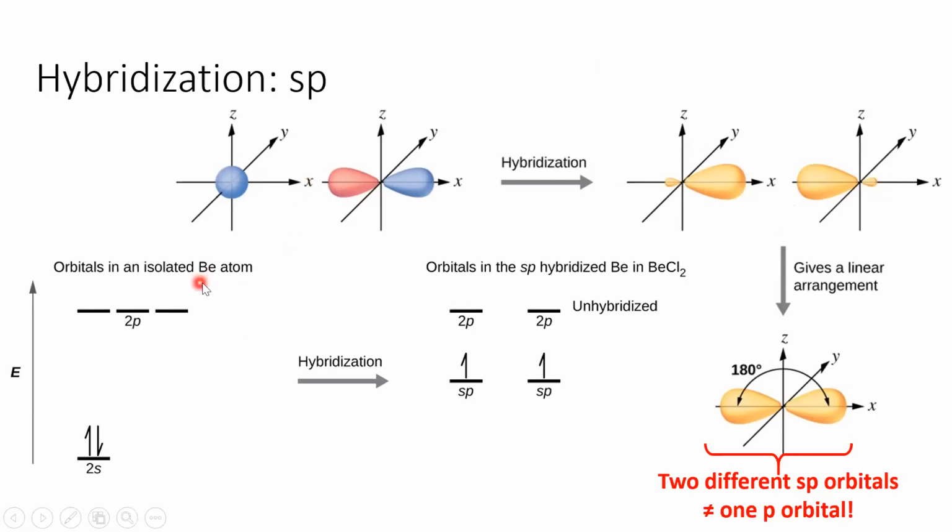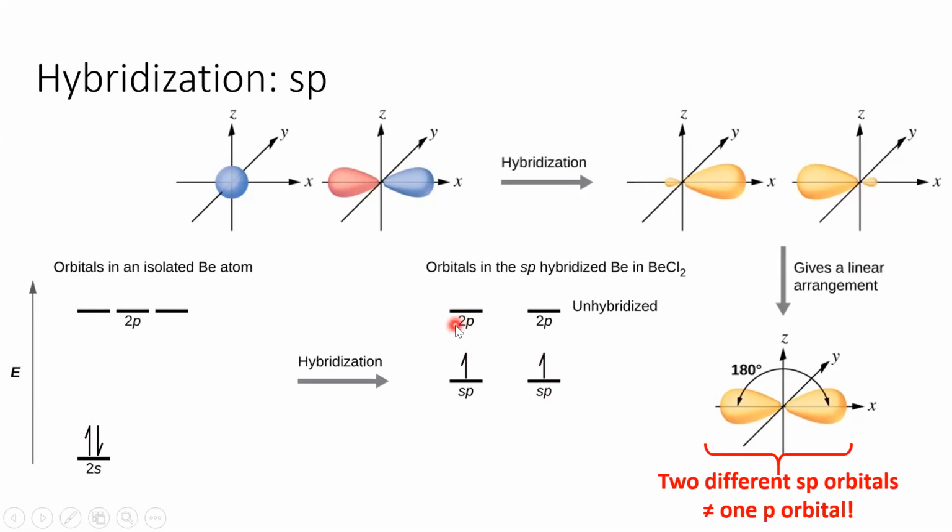And if we wanted to look at, let's say, beryllium as an example, beryllium has 2 electrons in its 2s orbital. This is unhybridized, but it could become hybridized to make 2 sp hybridized orbitals, each with 1 electron in them.